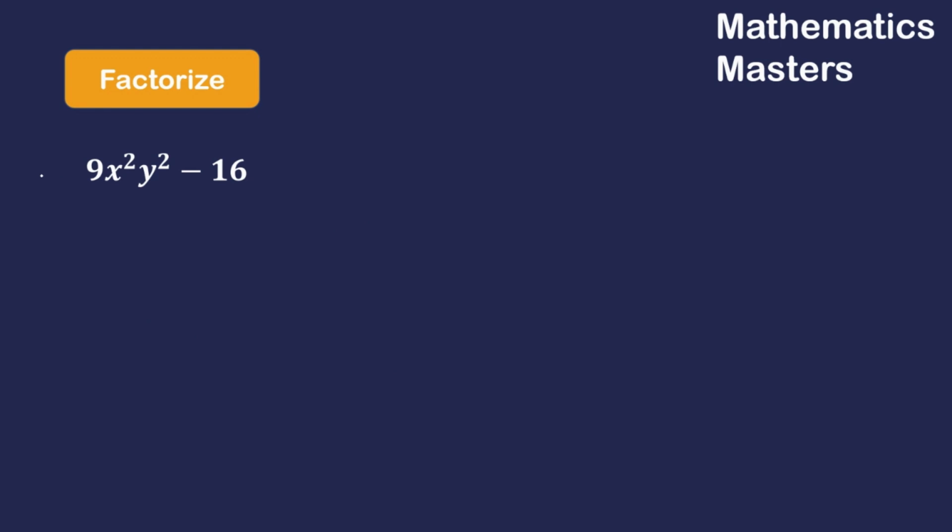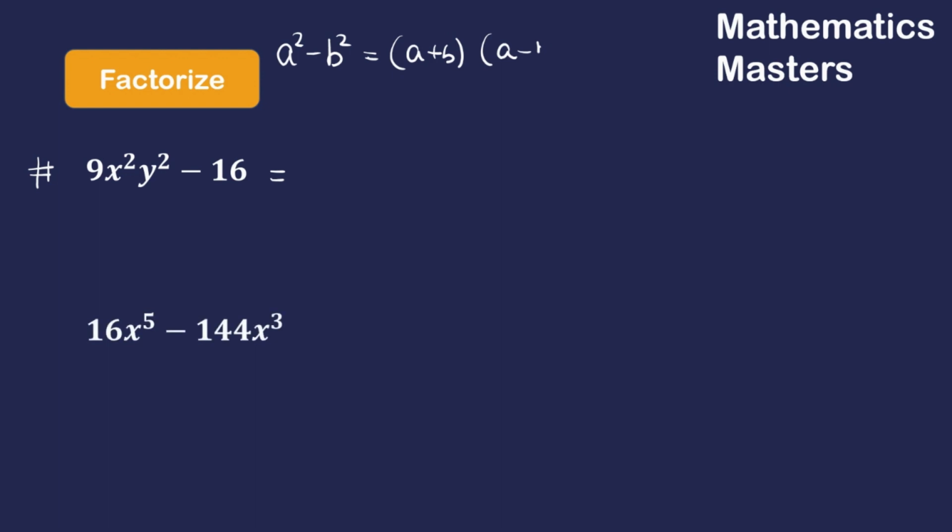Let's move with one more example. Here is another expression which says 9x square y square minus 16. Let's learn how we can factorize. Again, I cannot take anything which is common. Then what will we do? Can we apply the third identity? Well, yes. Let's try to understand. So again, we will first write the identity. What was the identity? The square of a minus square of b will be equal to a plus b times a minus b.